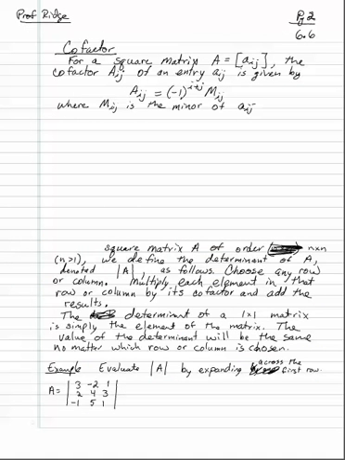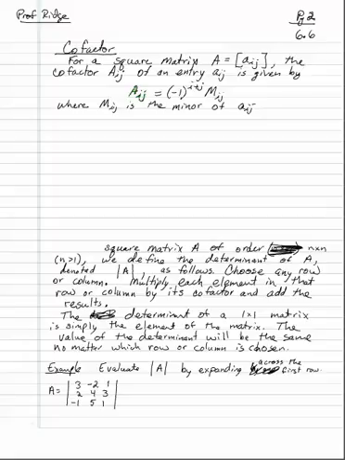Okay, a cofactor for a square matrix. For a square matrix A, the cofactor A sub ij of an entry A sub ij is given by negative 1 to the i plus j power, which gives us positive or negative.